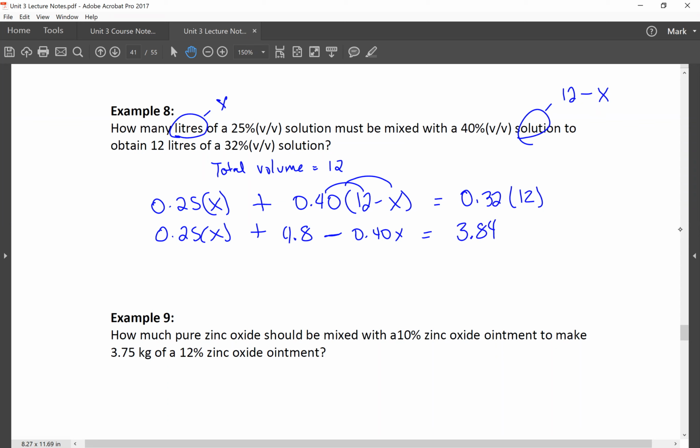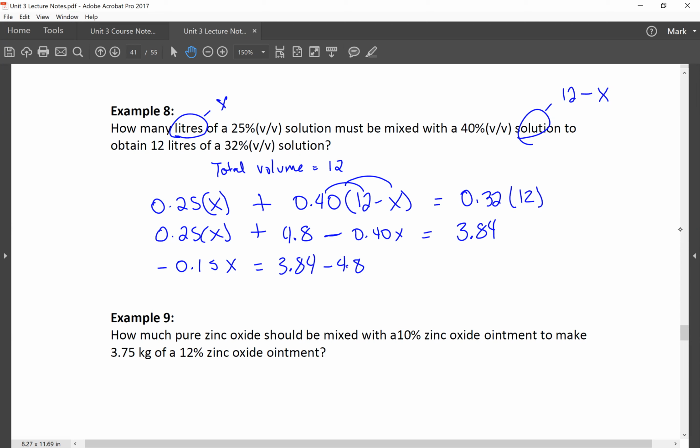Okay, so now I'm going to combine my x's. 0.25 minus 0.4 gives me a negative, which is kind of weird. You're thinking, uh-oh, I got a negative 0.15x. But when I move the 4.8 over, that's going to give me a negative as well.